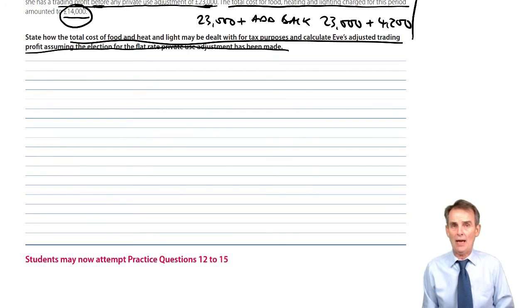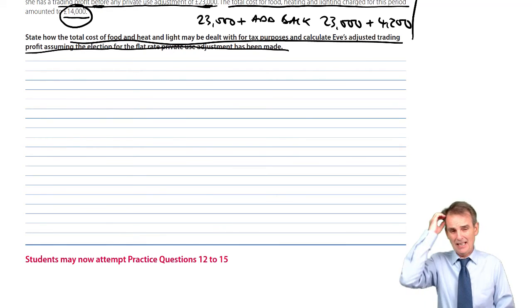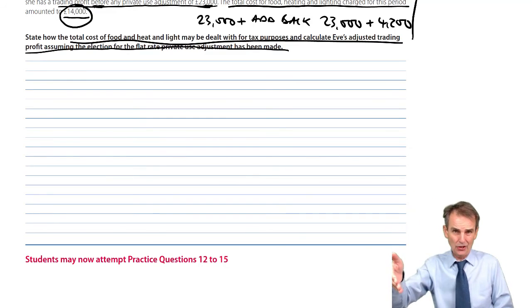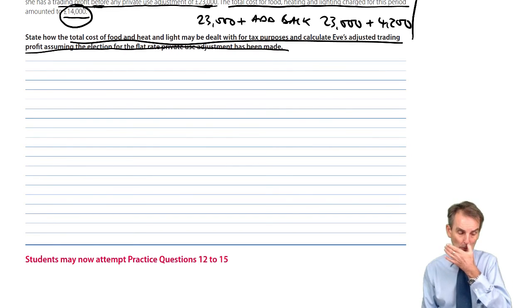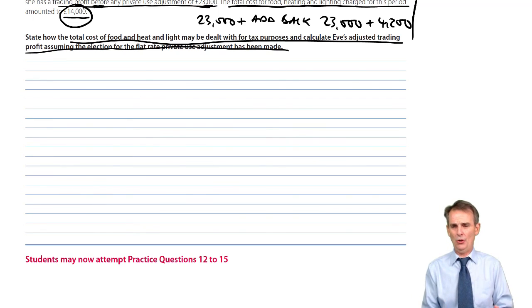After chapter 7, chapter 8 looks at partnerships, where everything we've done up until now is still the same, inasmuch as for the partnership you do the adjustment of profits. For the partnership you compute and deduct capital allowances. You get a tax adjusted trading profit or loss of the partnership, and all that then needs to happen is we need to divide that profit or loss between the partners, because in tax we don't tax the partnership.